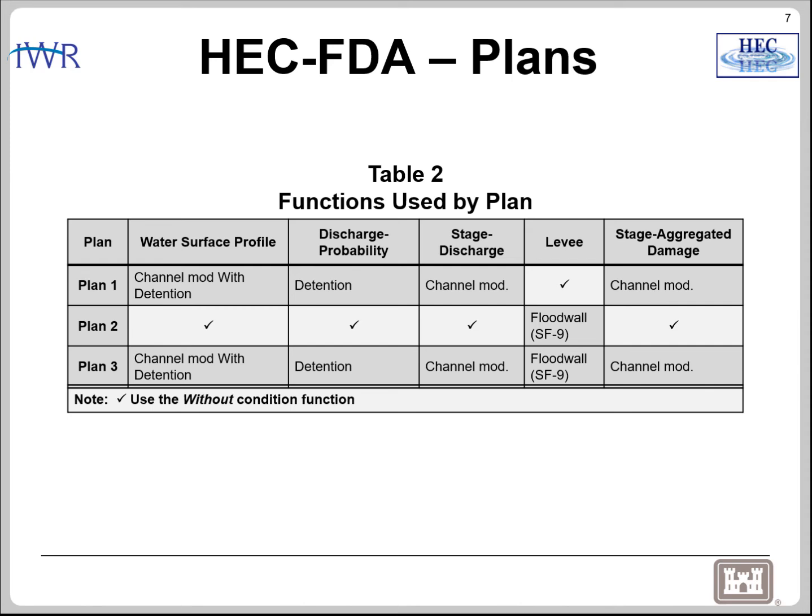In other words, working through the instructions for all three plans, you will first enter the water surface profiles, followed by the discharge probability functions, then the stage discharge functions, and create and assign the flood wall levy for Plan 2 and Plan 3, and then compute the stage aggregated damage functions for all three plans.